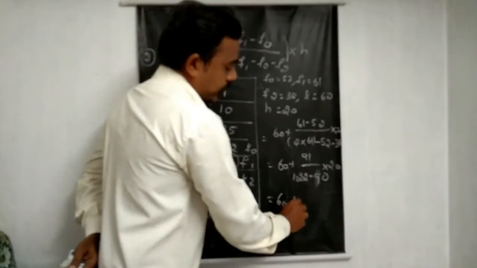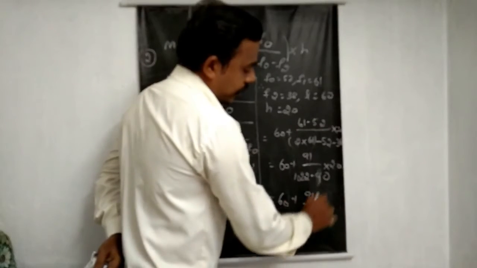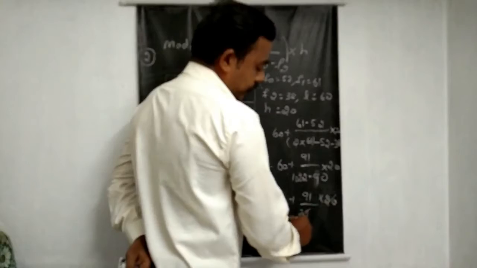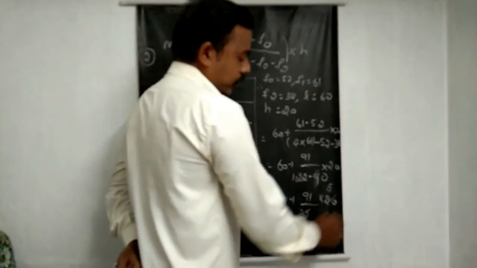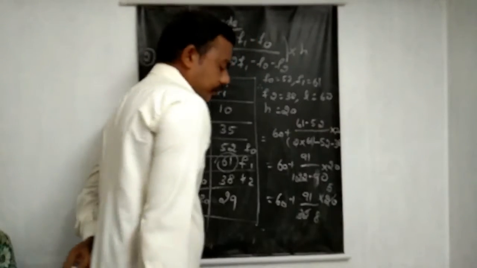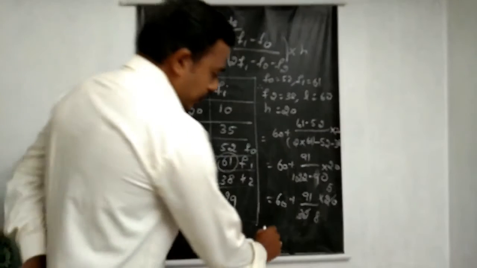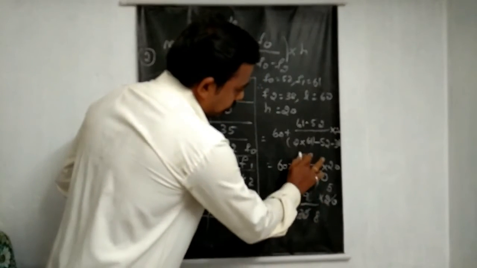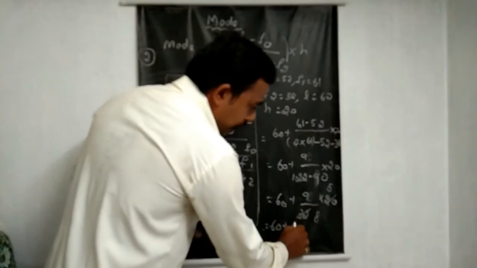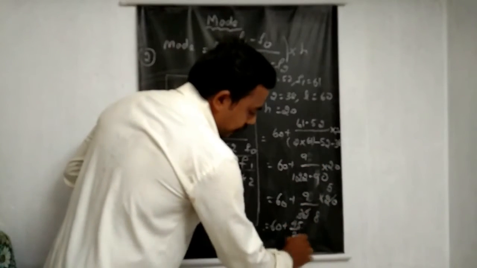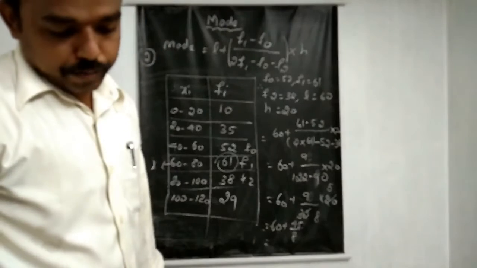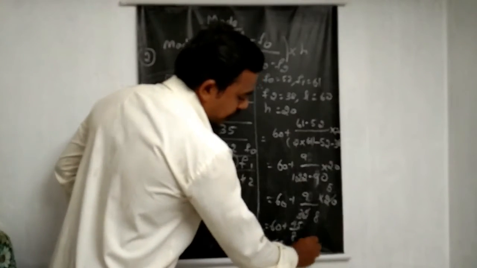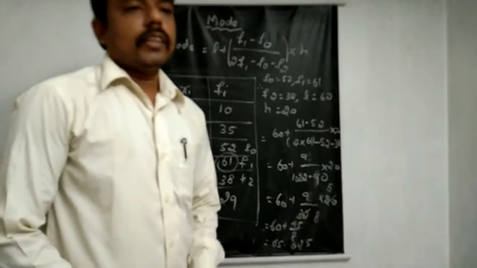So 60 plus 9 divided by 32 into 20. Just cancel by 4, 5 4s are 20, 8 4s are 32. So 60 plus 45 divided by 8. Simplify, you may get the answer 65.625. This is the answer.